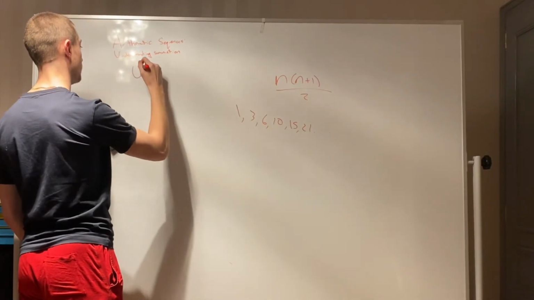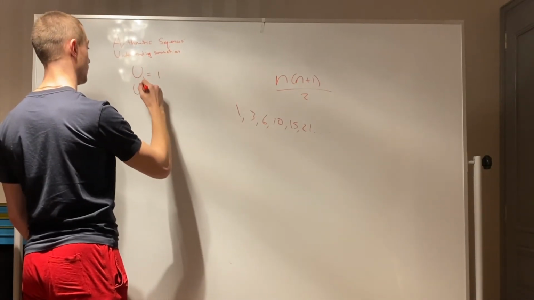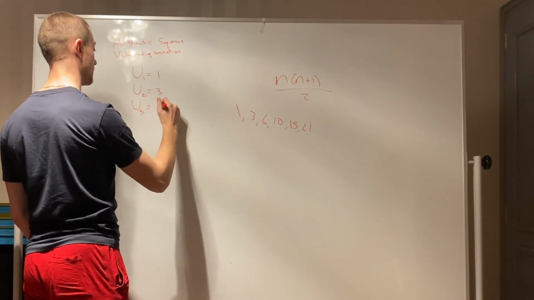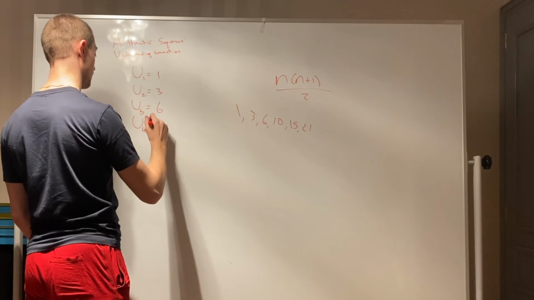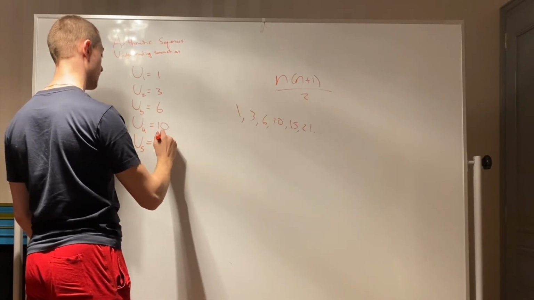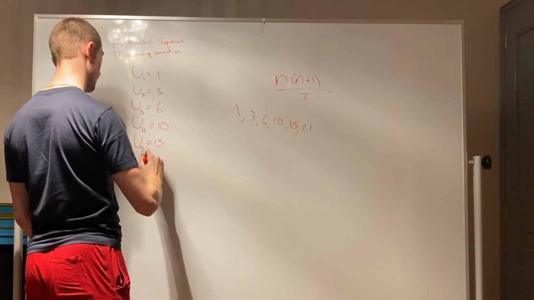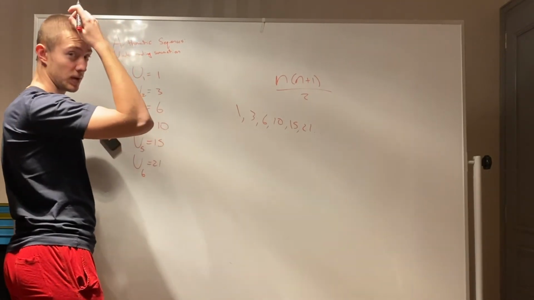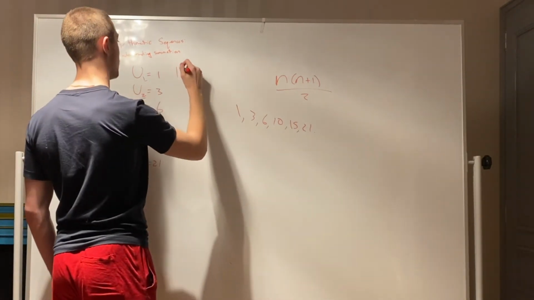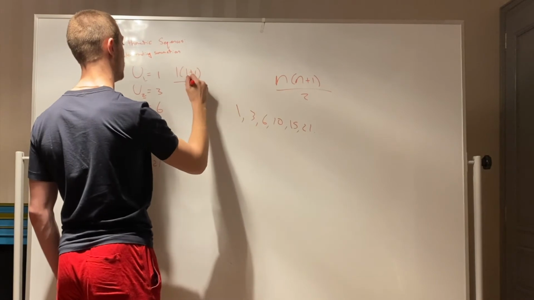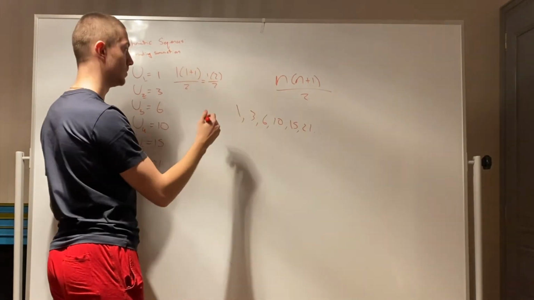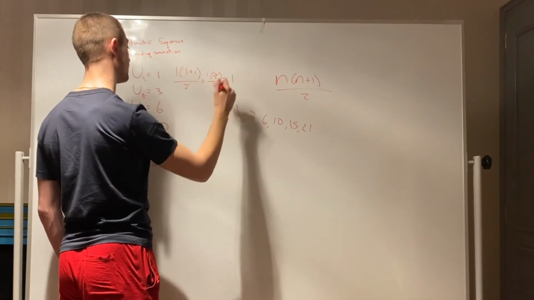So we have u1 equals 1, u2 equals 3, u3 equals 6, u4 equals 10, u5 equals 15, and u6 equals 21. Now let's try to plug in these n's and see what we get. So 1 multiplied by 1 plus 1 divided by 2 is equal to 1 times 2 divided by 2. The 2's cancel, and we get 1.